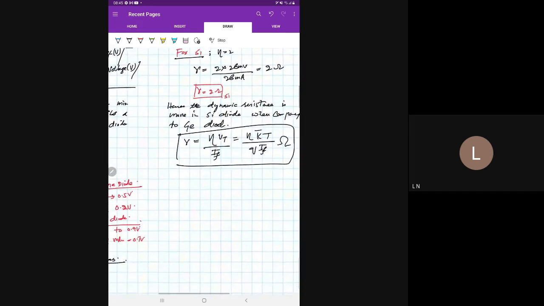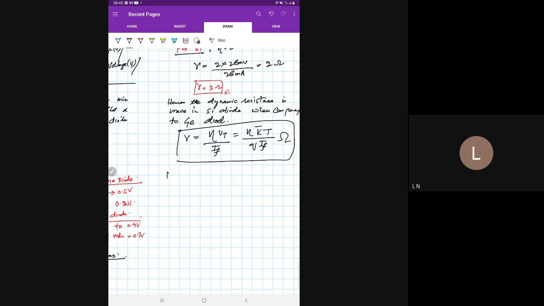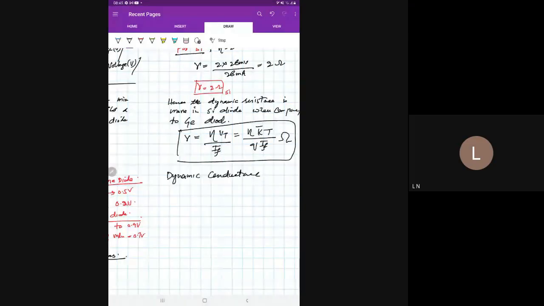If we know dynamic resistance, we can then calculate the dynamic conductance of the diode, which is represented by G. Dynamic conductance G is 1 by dynamic resistance, and its units will be ohm inverse, mho, or Siemens.